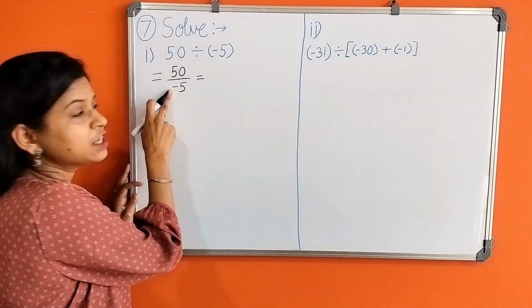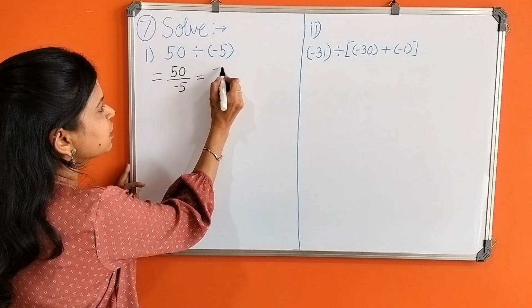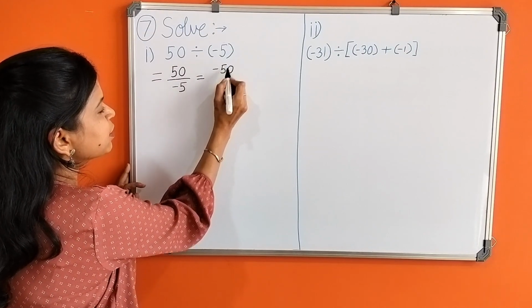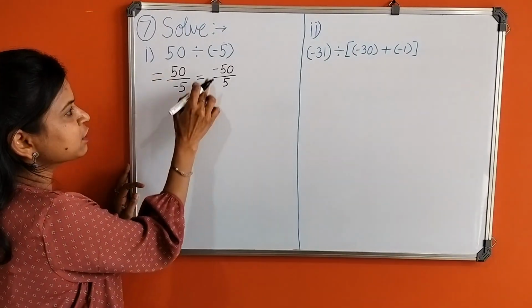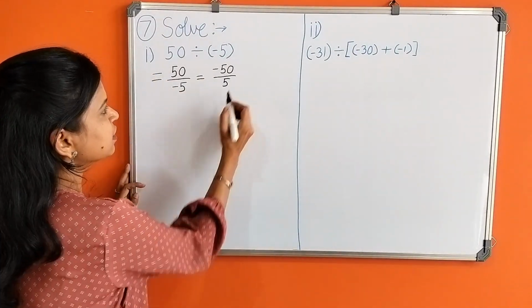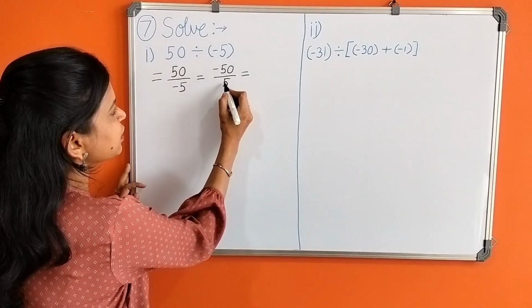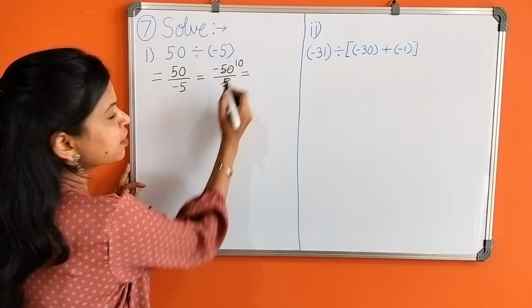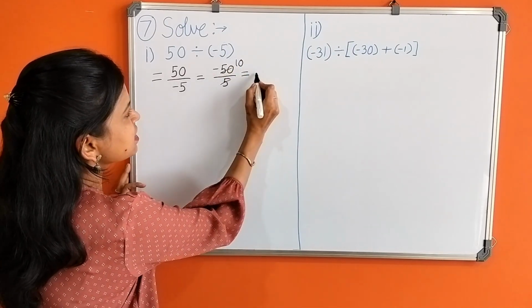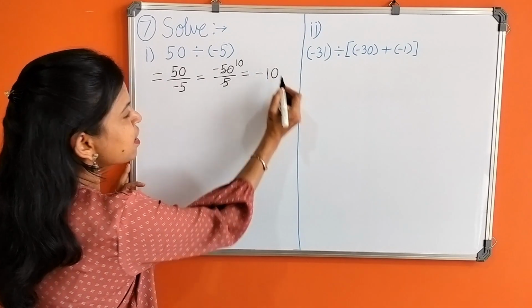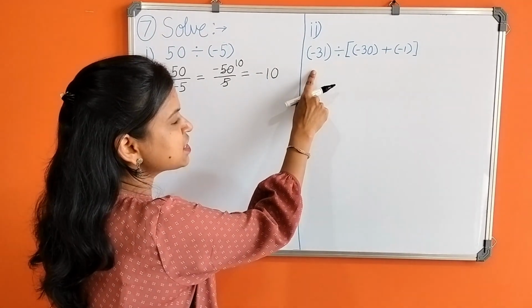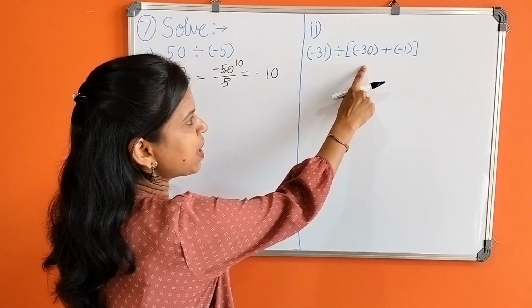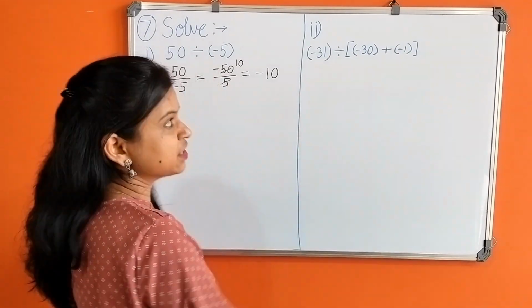We will write it with the numerator and remove it from the denominator. So we have taken the negative in the numerator. Now we will divide. 5 tens are 50 and minus is here. So the answer is -10.